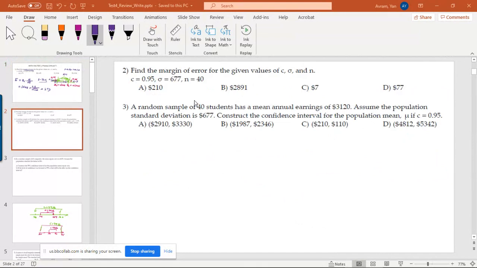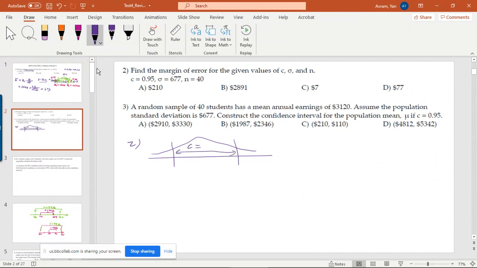Right. Okay, second one, very similar, except this one, c is 0.95. All right, we can go ahead and do the second one right here, which is very similar to the first one, just changed a little bit. So remember, c is in the middle.